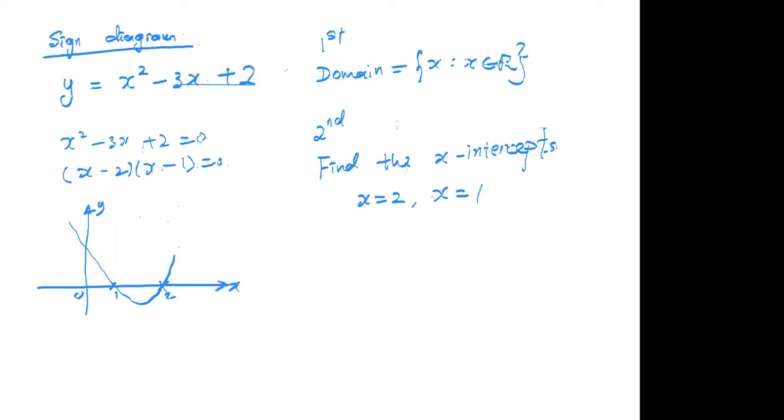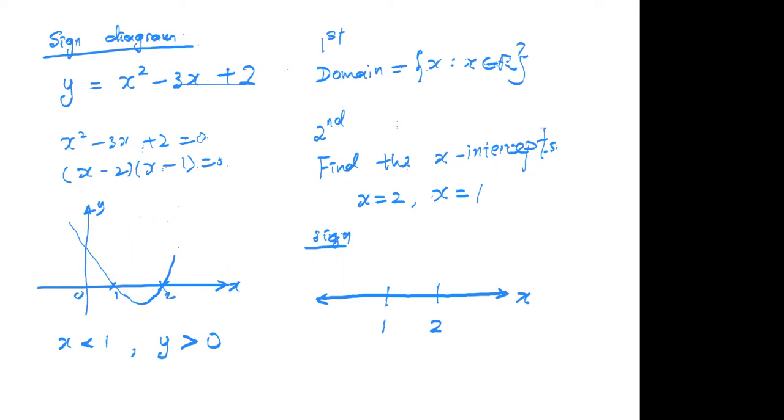So what is a sign diagram? A sign diagram is a diagram that is made up of only the x-axis without the y-axis. Clear? So I mark down 1, mark down 2. For x less than 1, y is greater than 0, correct?